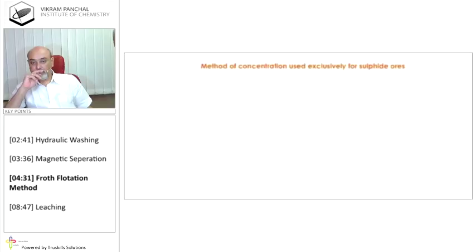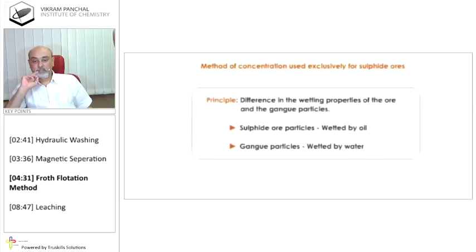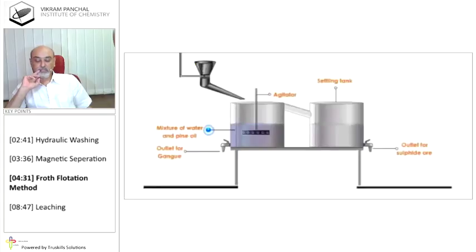This is a method of concentration of ore used exclusively for sulfide ores. The principle involved is the difference in the wetting properties of the ore and the gangue particles. The sulfide ore particles are preferentially wetted by oil, while the gangue particles are wetted by water. A mixture of water and pine oil is taken in a tank.